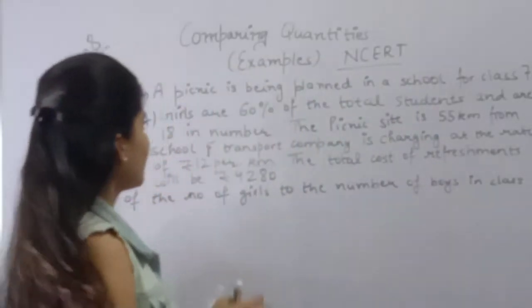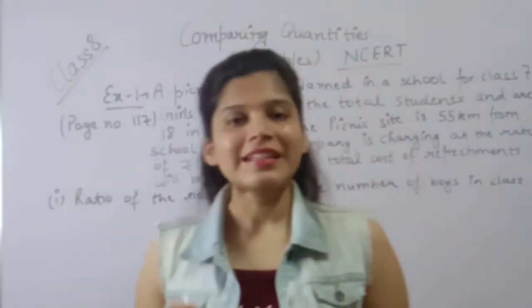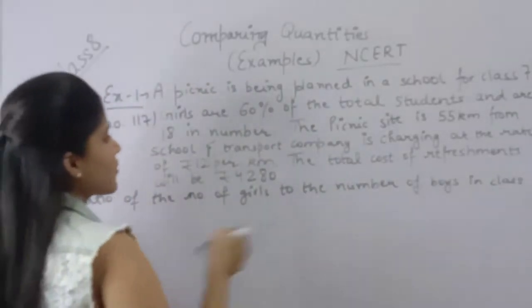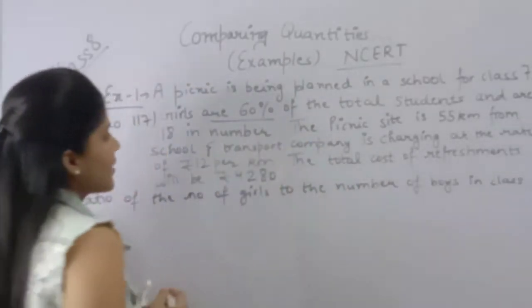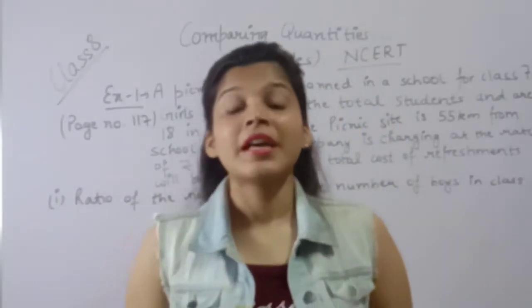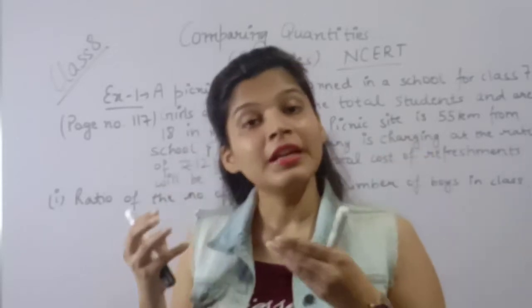So let's read the information again. A picnic is being planned in a school for class 7. Okay, girls are 60% of the total students and are 18 in number. It means that girls percentage is given and number also.